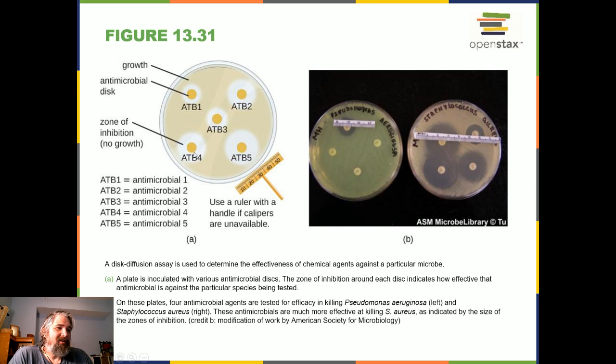Okay, so remember you had the zone of inhibition that would appear around your paper disc. This test works best with these standardized discs, which is how the antibiotics are delivered.